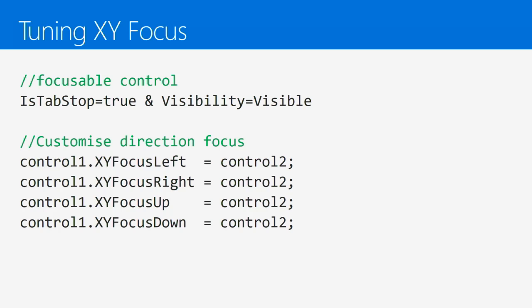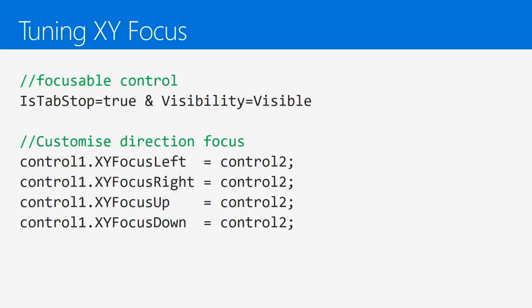There are also a couple of ways to customize your XY Focus if that's what you're using. So first of all, when the system is looking for focus controls, it checks these two properties. So is tab stop true, and if the control's visible. If those two things are valid, then your control can be focusable.